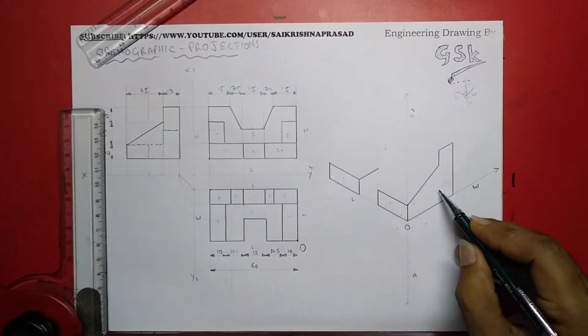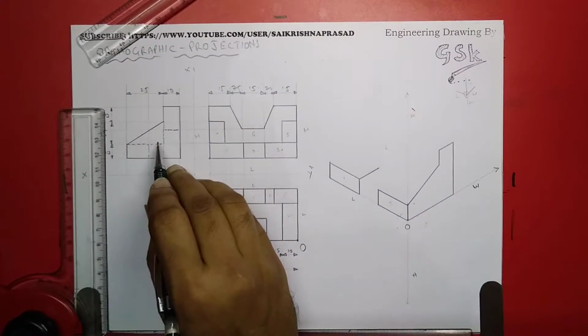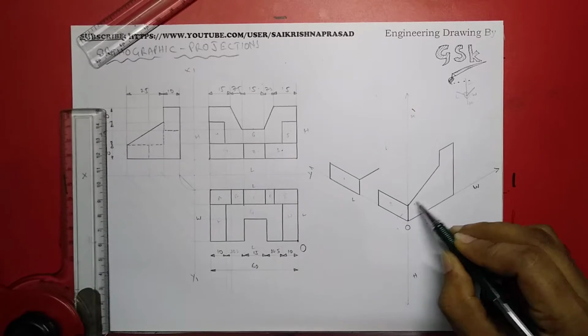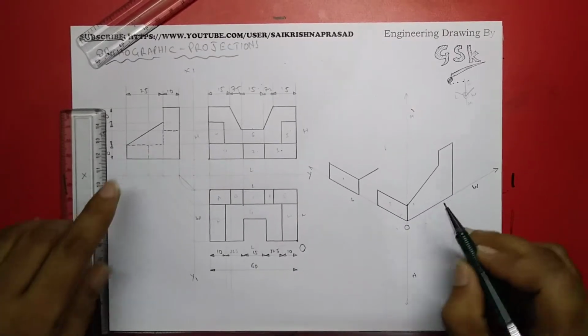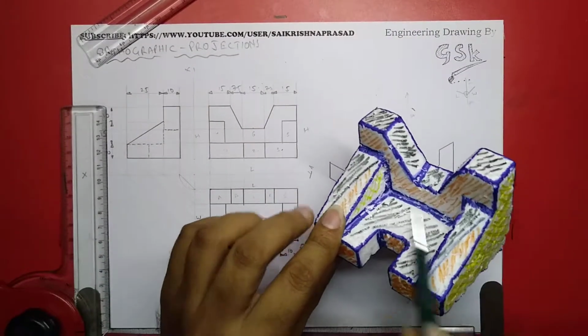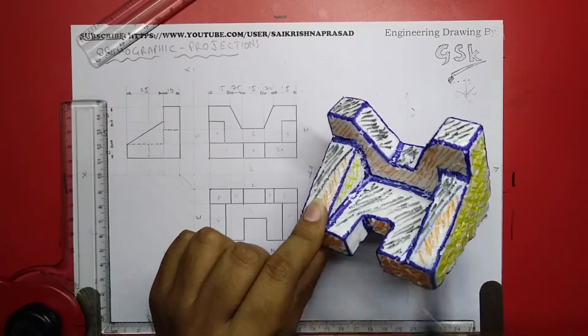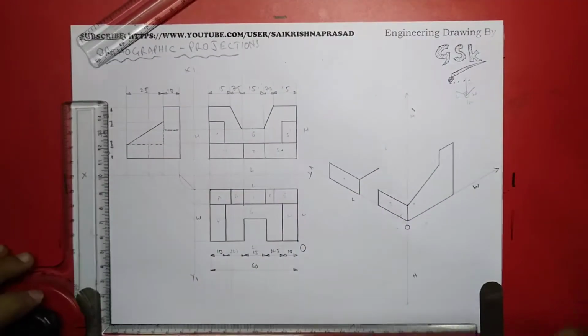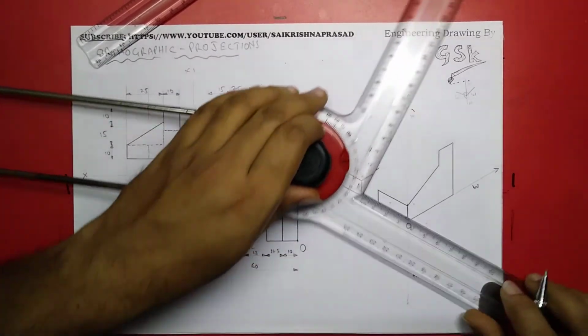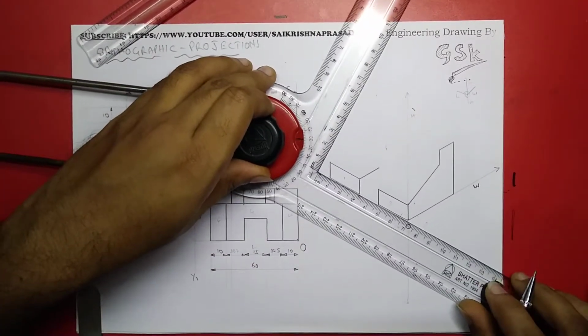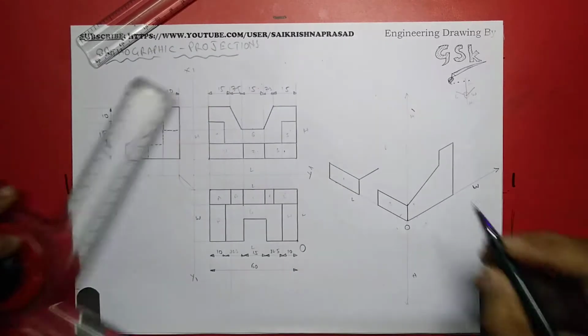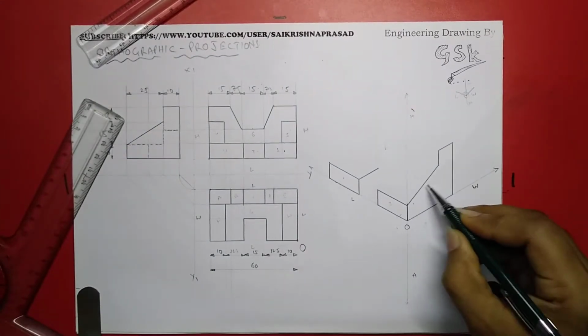Right, this is the side view. There are some hidden lines over here that represent that there is some object behind this surface. This surface we have another object or another plane. Right, we have finished the side view.